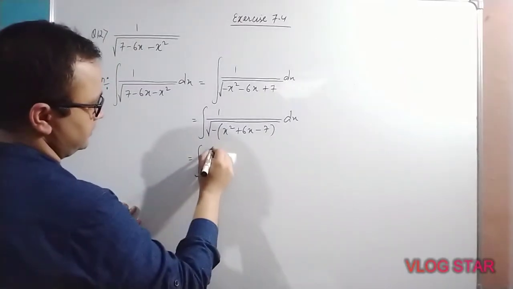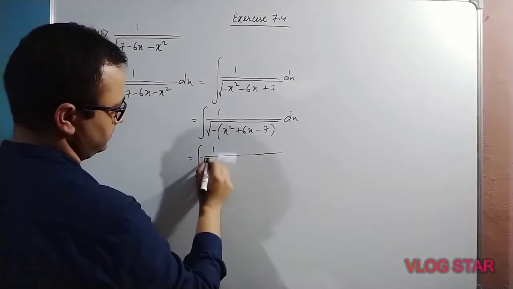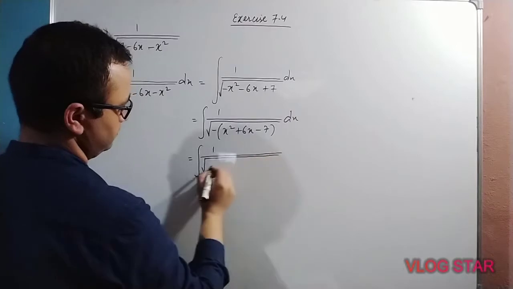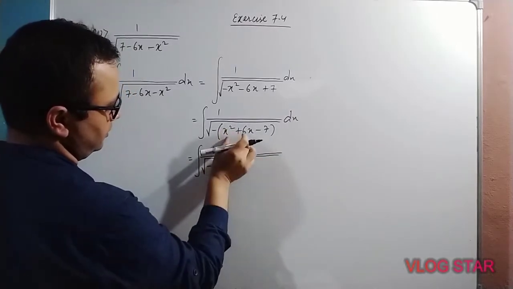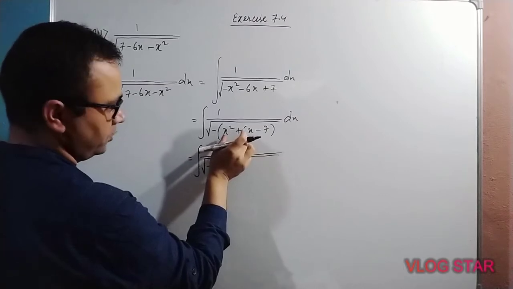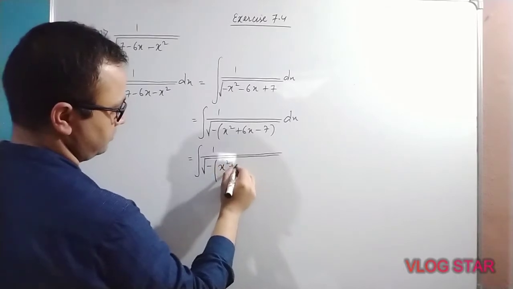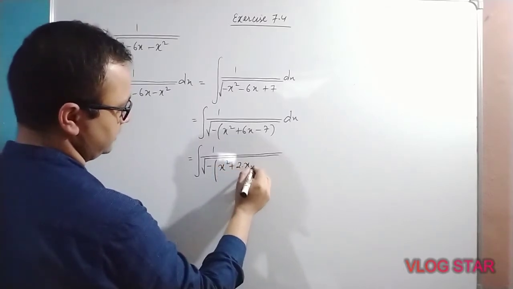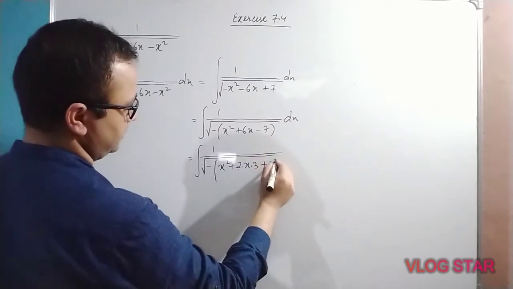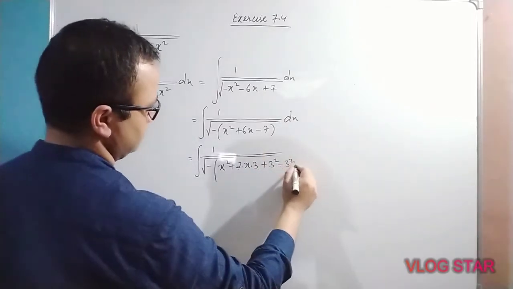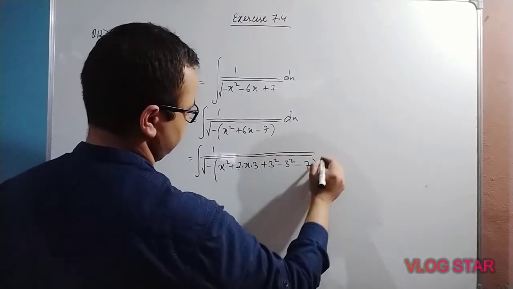Now apply the completing the square method. So root under, it is minus here. Now we have to make it into a plus b whole square. For a plus b whole square, a square plus 2 into a into b, b is 3, because 2 into 3 is 6, plus b square minus b square minus 7 dx.